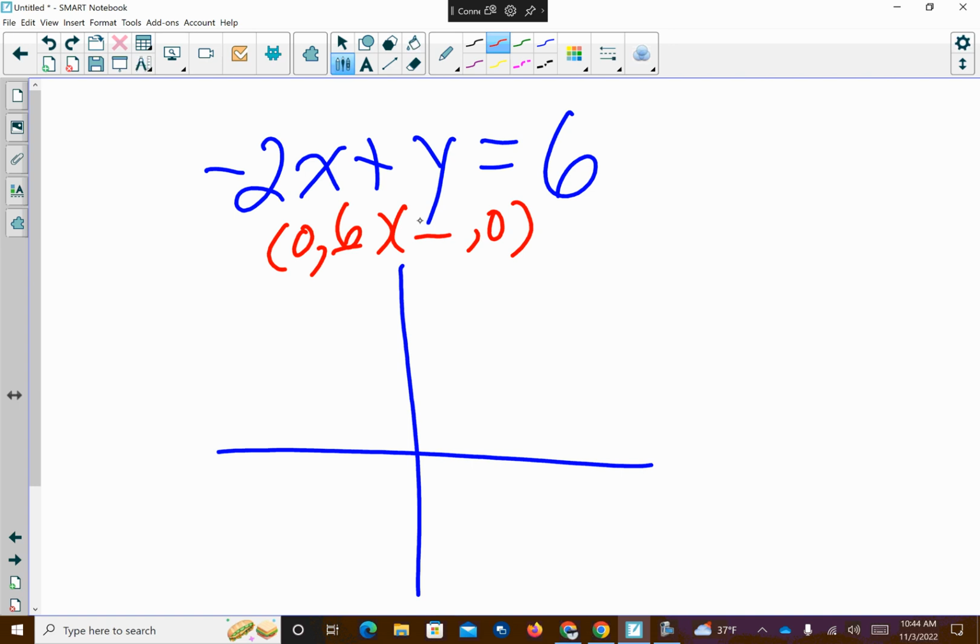Cover up the Y, get -3 there. So 0, 6. -3, 0. Is that what you got? I kept saying I think so to a lot of people, but it's just because I wasn't sure because I didn't do it myself.